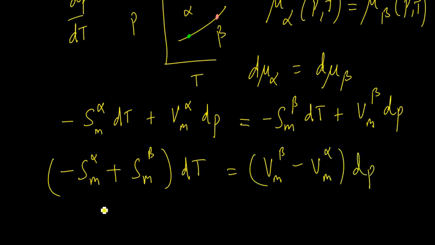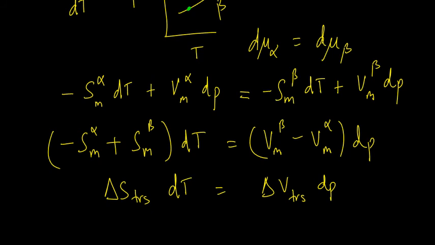Or I could write this, because this is beta minus alpha, the first term, S molar, the entropy of beta minus entropy of the phase alpha. So I could write this as delta S of transition times dT is equal to delta V of transition times dP, and now we have the equation, right?